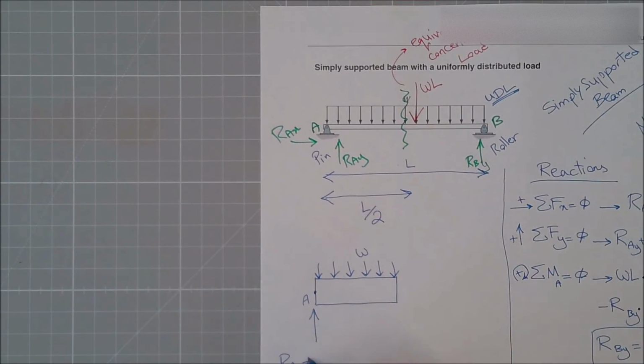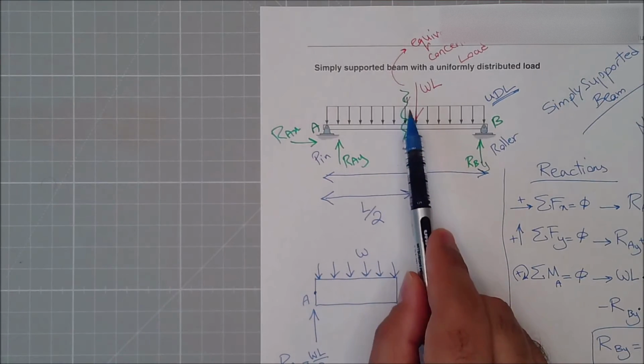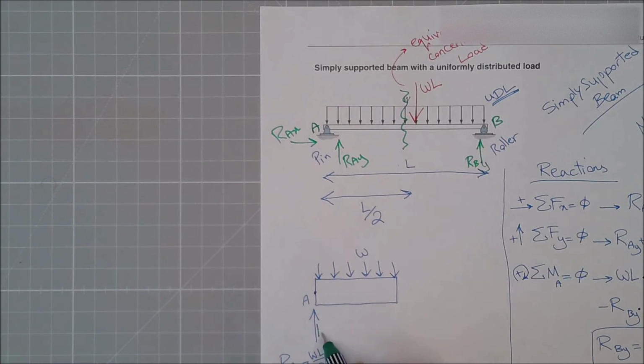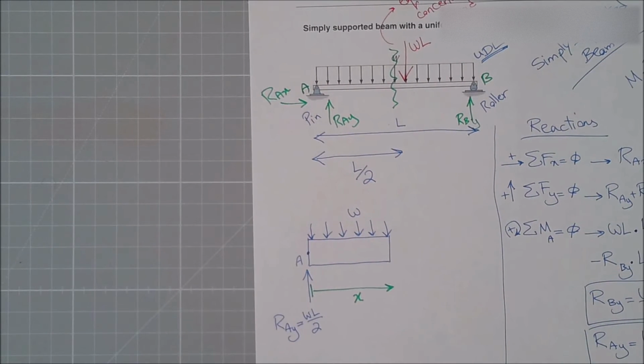So I just replace it, WL divided by 2. What else do I have? I have to give a length here. So the length, I'm saying that I'm cutting it a tiny bit before L divided by 2. I call it X. The entire length of this, I call it X. It's just a name. I want to call it X. Why not?